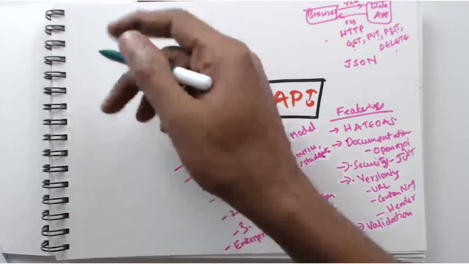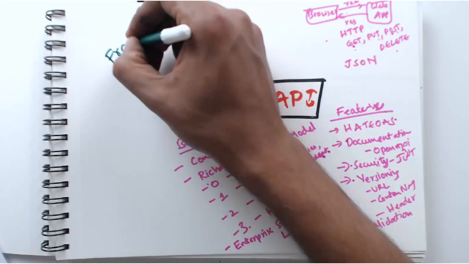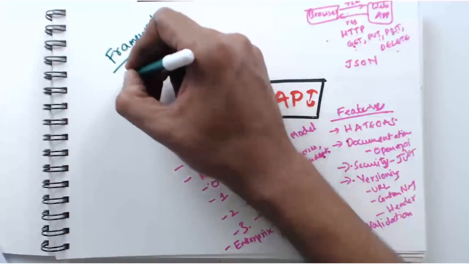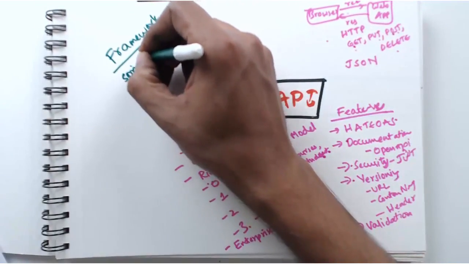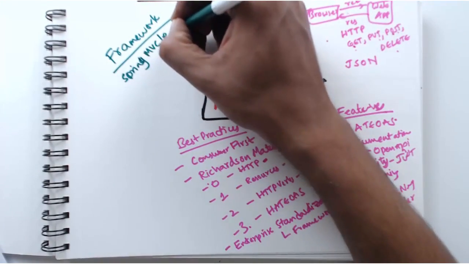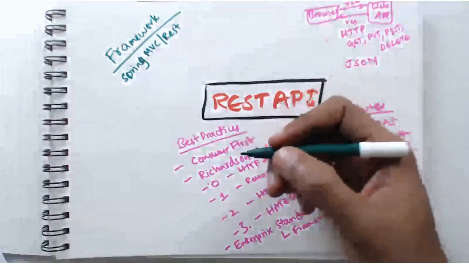Now let's look at the frameworks. What are the frameworks you have to learn to implement REST APIs? The most popular is Spring MVC or Spring REST, whatever is provided by Spring Boot Starter Web.